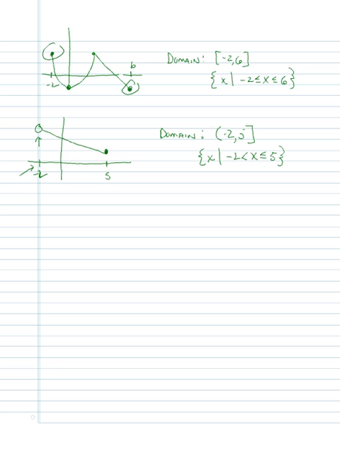Now, we could also have something that looked like this. I'll make this -2 again. And suppose we have a graph that does something that looks kind of like this. And now we actually have an arrowhead on one end. Well, the arrowhead is telling us that we're not seeing the whole graph. It continues, and we assume that it's continuing forever. Here, for the domain, we have a smallest x value, don't we?